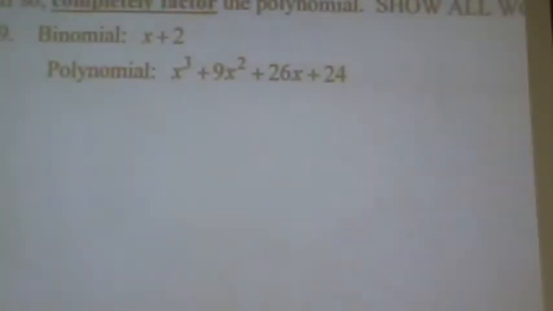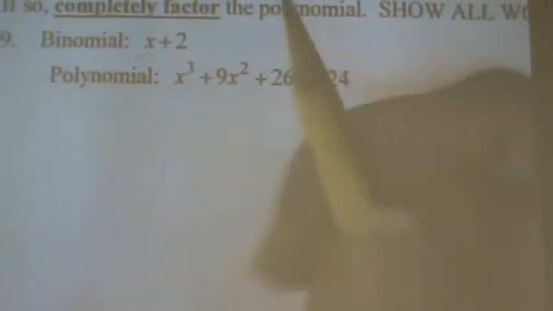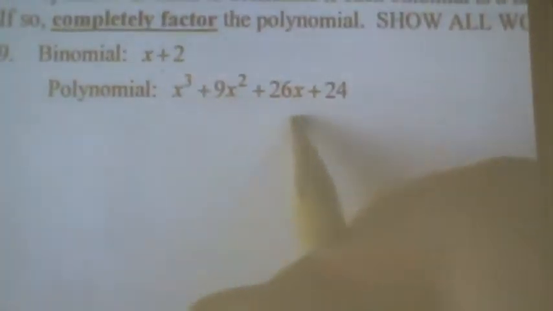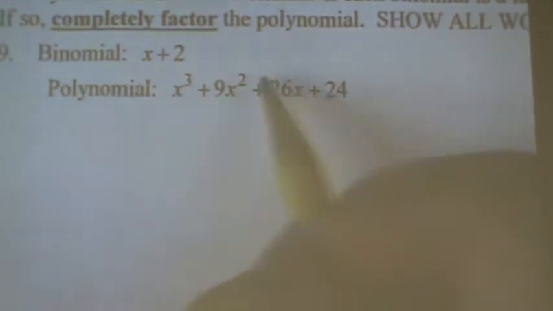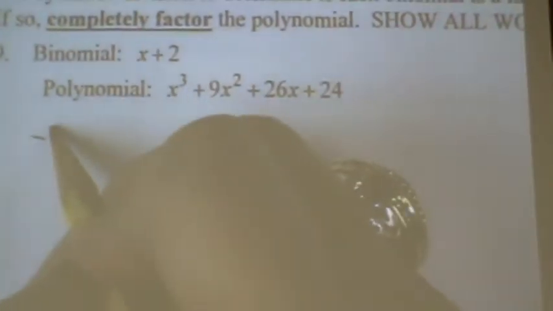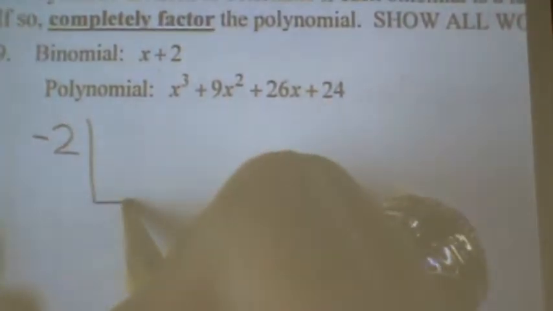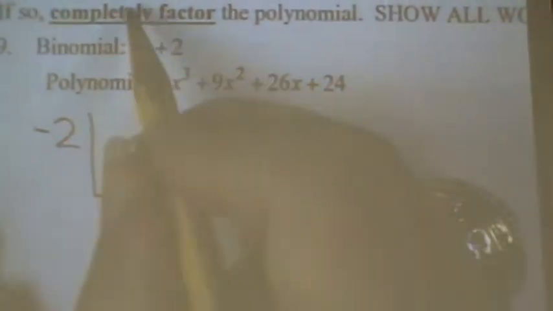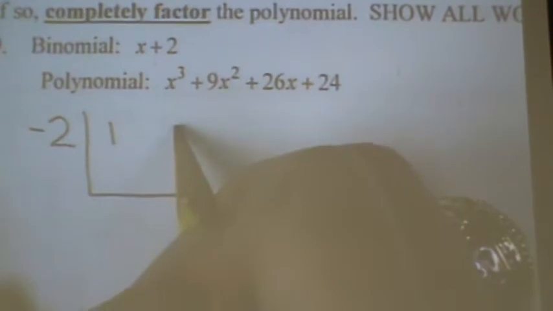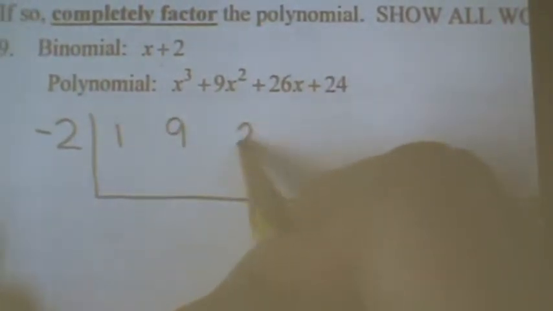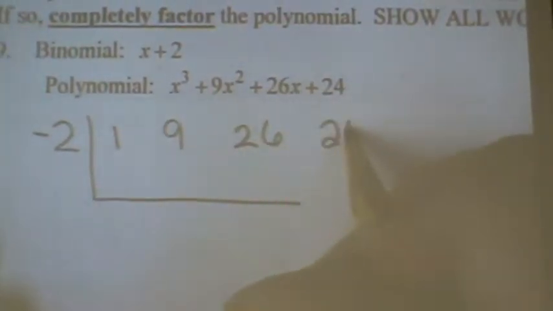Okay, how do you do number 9? You're going to use synthetic division. It's asking you if this binomial is a factor, does it go into this? So what you'll do here is put negative 2 in here with synthetic division, because they want you to use synthetic division, a 1, a 9, a 26, and a 24.